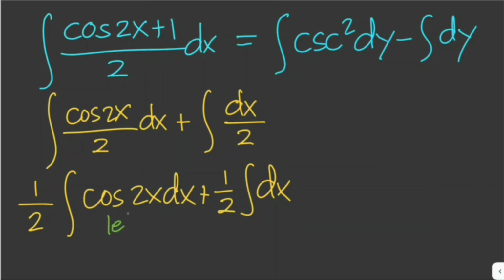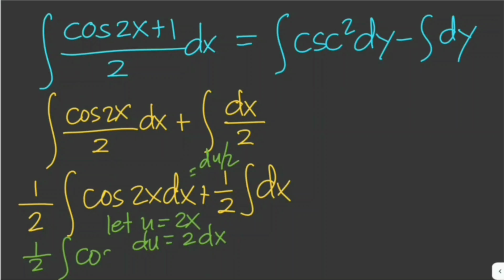We can let u equal 2x, and then the derivative of u is the derivative of 2x, that would be 2 dx. Therefore, dx is equivalent to du over 2, and then we can rewrite this as 1/2 integral of cosine u du over 2 plus 1/2 integral of dx, which is just 1/2 times x.